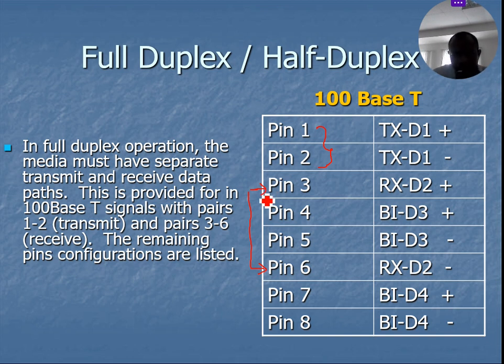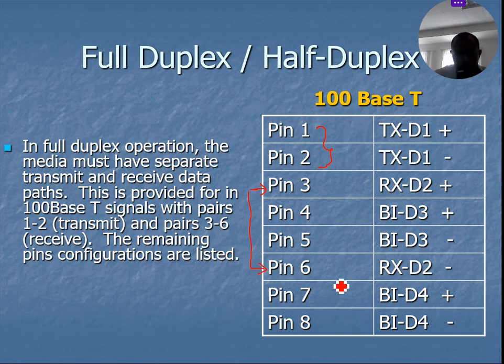Pin 3 and pin 6 are to receive. Pins 4 and 5 are bidirectional, D3, and pins 7 and 8 are also bidirectional, D4. So transmit is pins 1 and 2, receive is pins 3 and 6. This is an example of 100 Base-T for a full duplex mode.